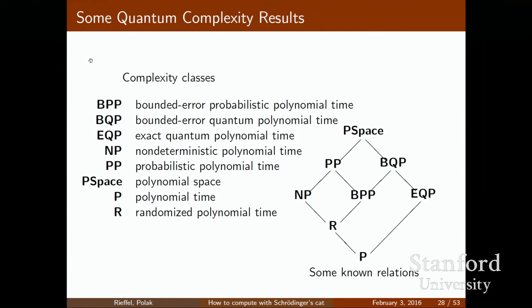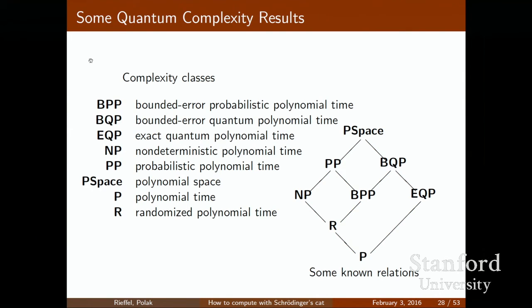Being computer scientists, we need to talk about complexity. There are more complexity classes, more quantum classes too, but this is a simple diagram here. The interesting classes are EQP, the exact quantum polynomial time algorithms, and BQP, bounded error quantum polynomial time algorithms, and they fit in this diagram here.